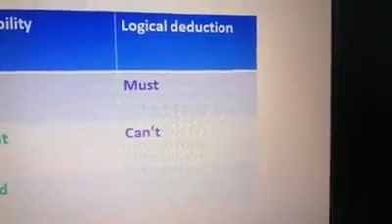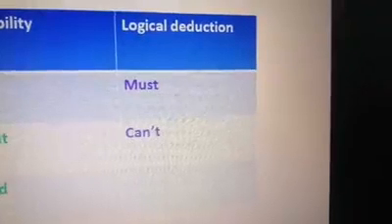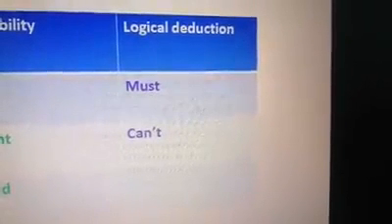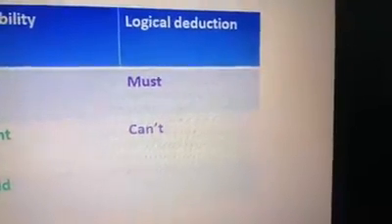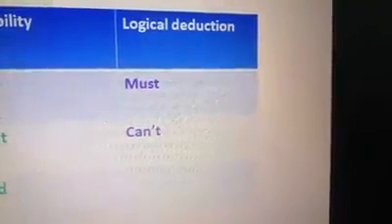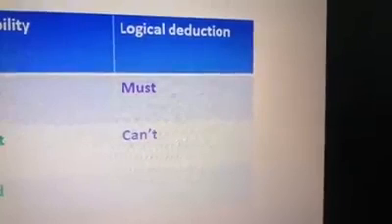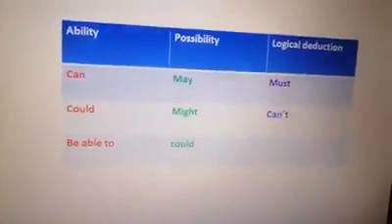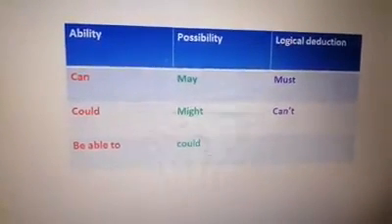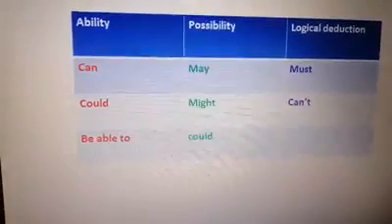So you guess that something must happen or can't happen according to your logical thinking, okay? So let's carry on and understand these usages in details.